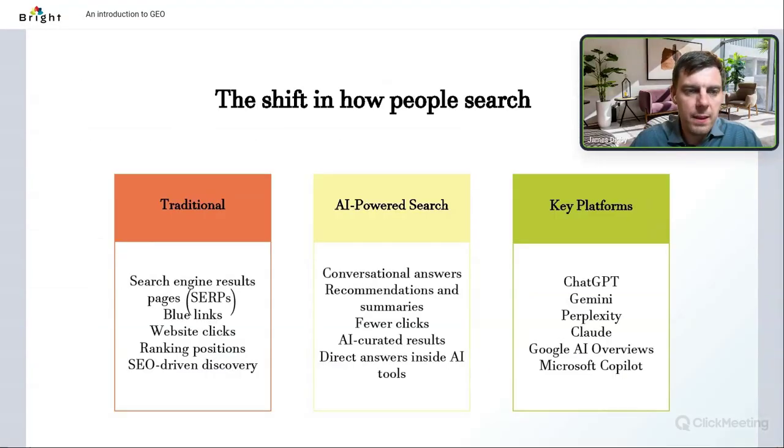So this is the shift that we've seen in terms of the setup of marketing teams, agencies, and the work that they do. Traditionally, success was measured through search engine results pages. So where are you actually appearing in the search engine, and SEO driven discovery.